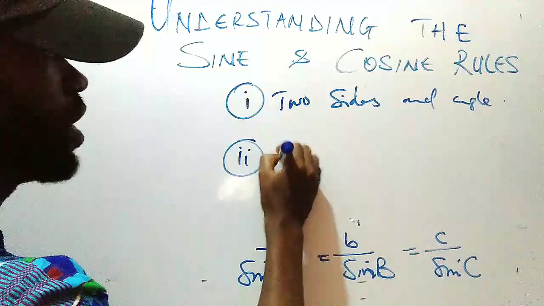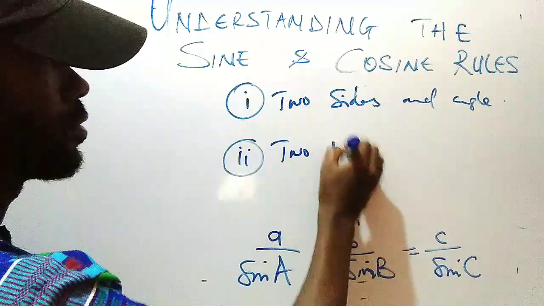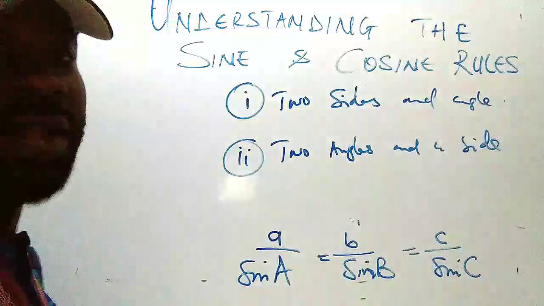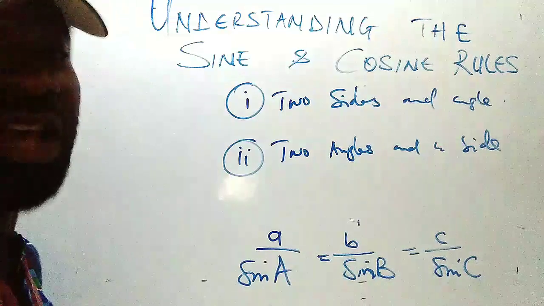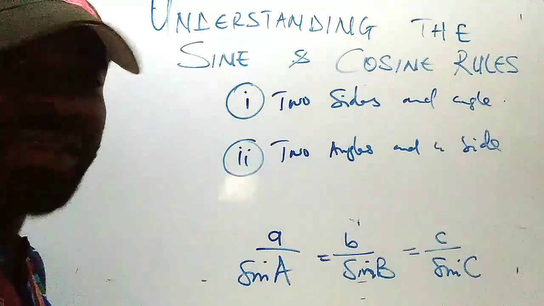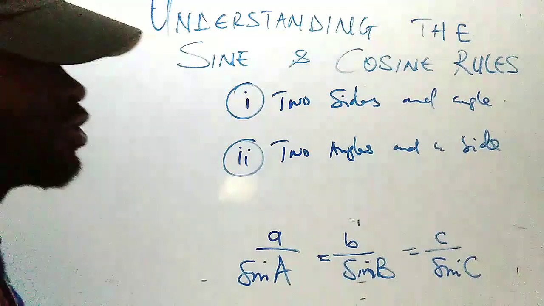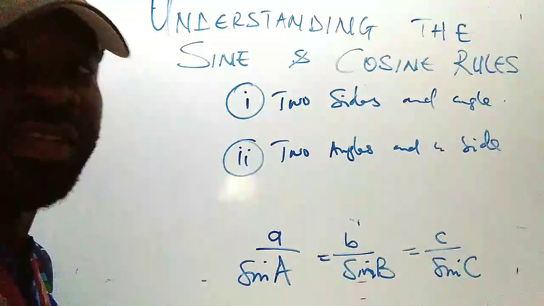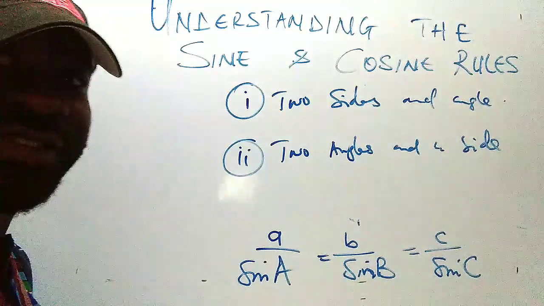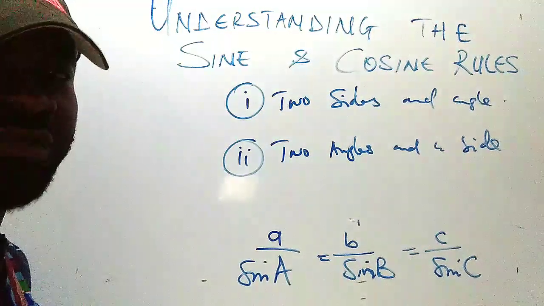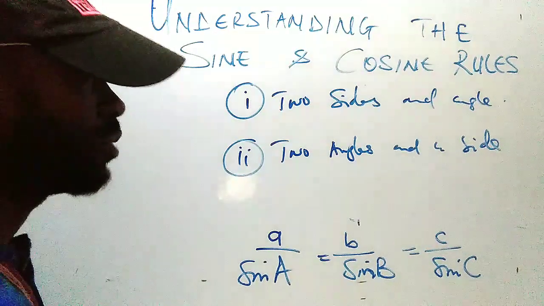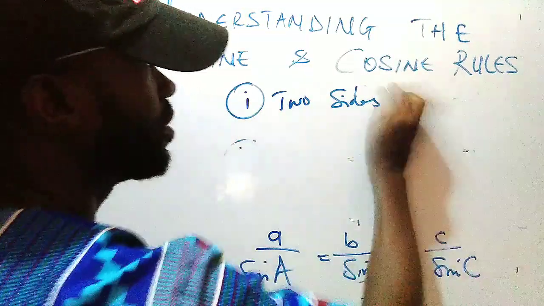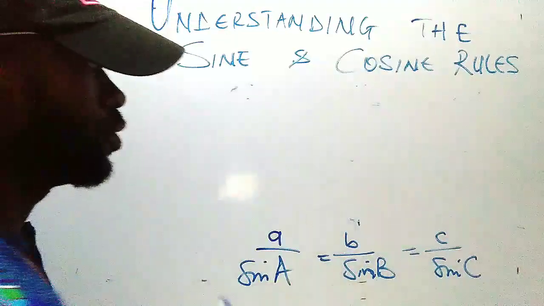If given two angles and a side, and that side is also opposite one of the angles, then you can apply the sine rule. So two sides and an angle, or two angles and a side. Let me illustrate this with a diagram, and then we'll wrap it up. I don't like my videos to exceed 5 minutes.